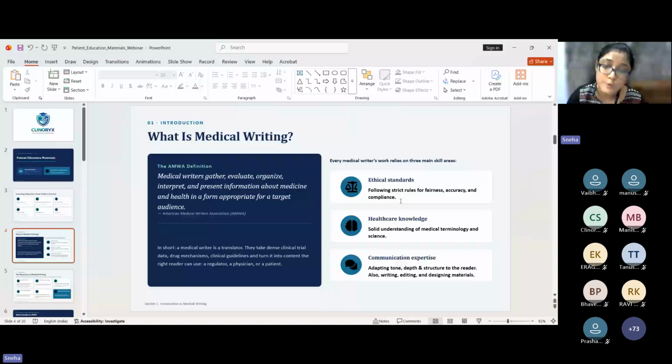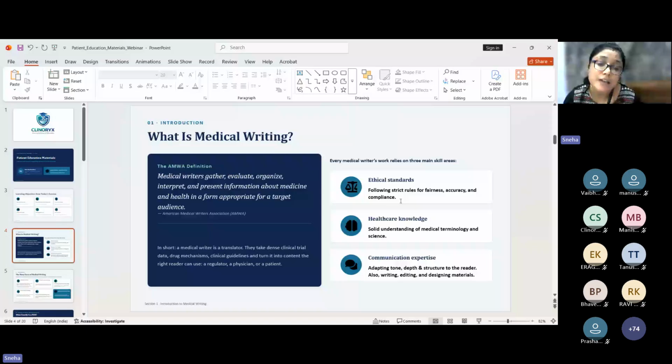Now, as I said, medical writing is an umbrella term. Under it fall regulatory writing, scientific writing, manuscript writing, which comes under scientific writing only, healthcare content writing, then grant writing.